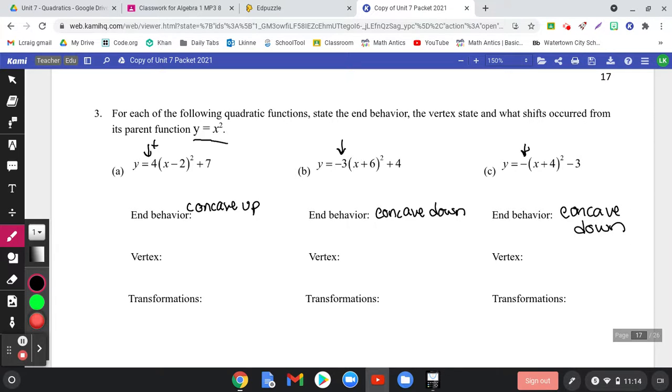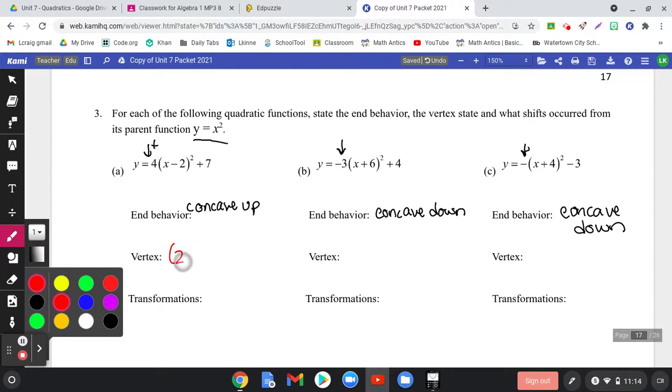The vertex, that's why it's called vertex form, because we can easily identify the vertex. It would be, for this one, a positive 2, positive 7. This one would be negative 6, positive 4. Again, change this sign, keep this sign. Change this sign, keep this sign. Change this sign, keep this sign. So this will be negative 4, negative 3.